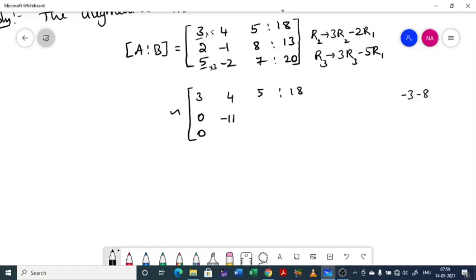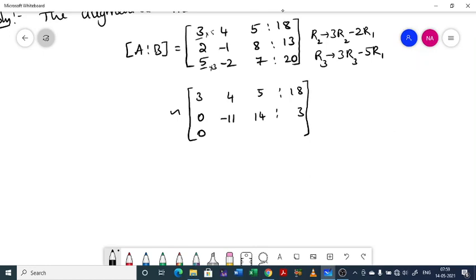Next 8 into 3, 24, minus 10, so 14. 13 into 3 is 39 minus 36, will be 3. Okay, that's the second row.